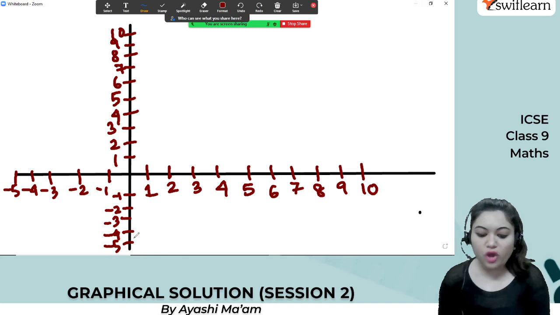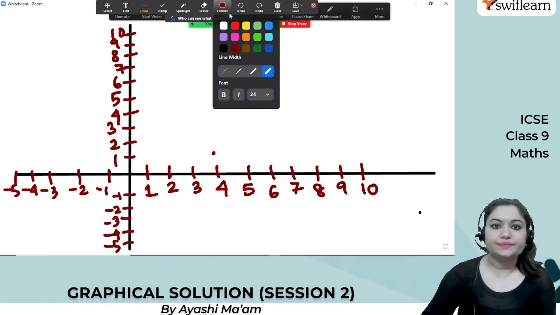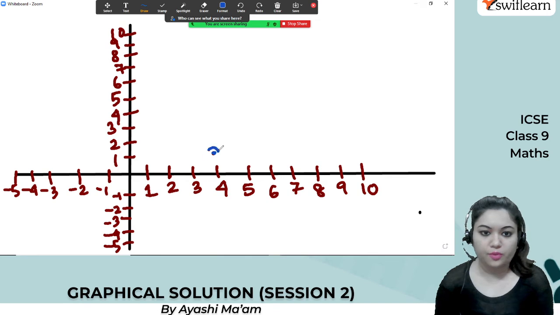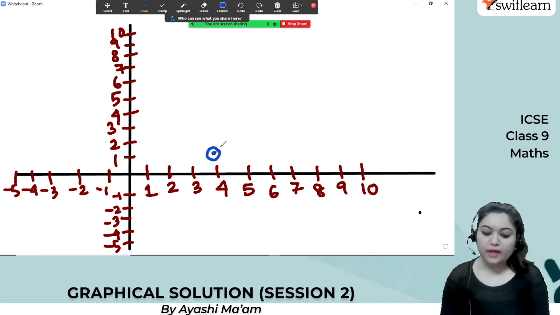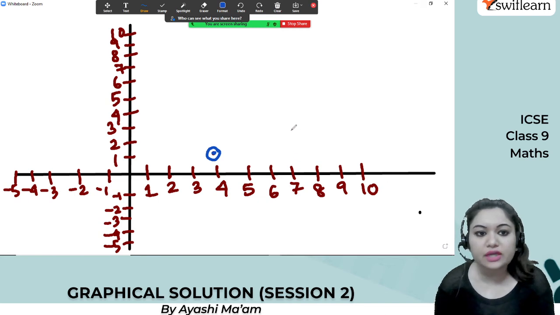So our first point is 4 comma 1. So on the x-axis we have 4 and 1. That means this point. Okay, next point is 7 comma 3. So 7 on the x-axis and 3 it's coming over here, right?